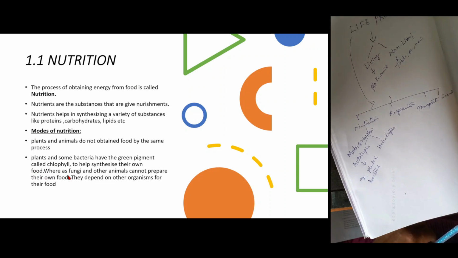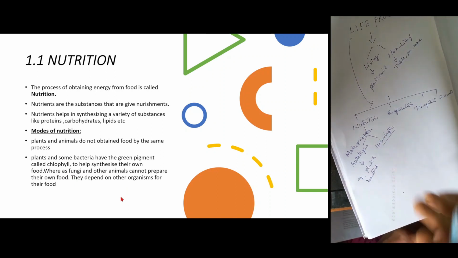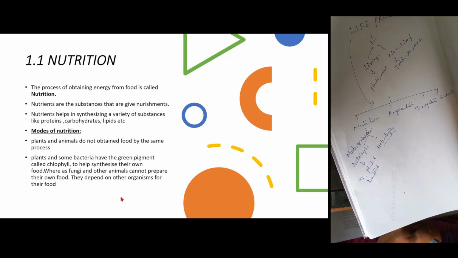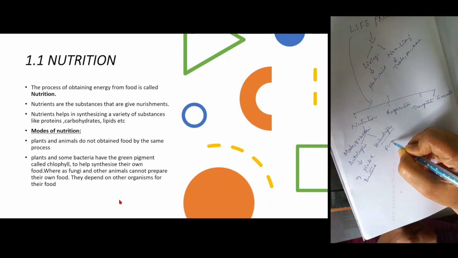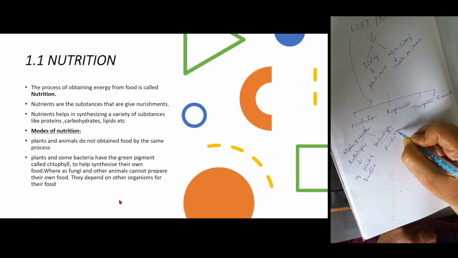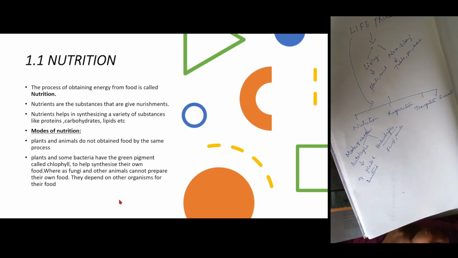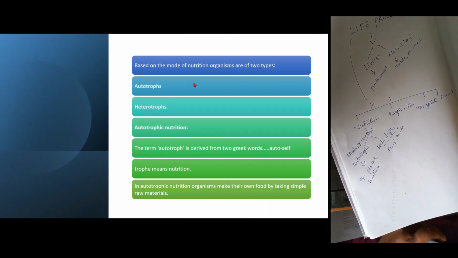Whereas some fungi and other animals cannot make their own food. They are called heterotrophs. They depend on other organisms for their food.